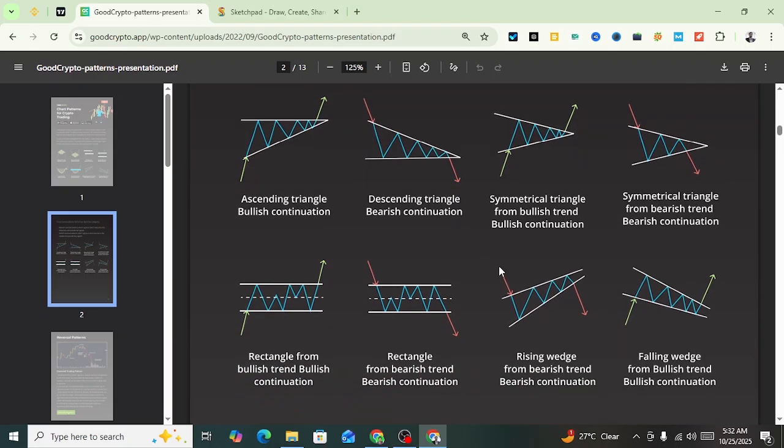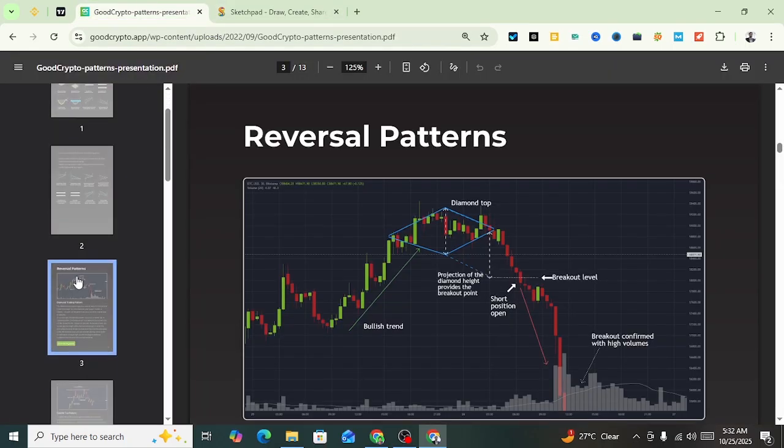You can screenshot these patterns, or print them out and keep them on your table when you are trading, and you can use this when you are a beginner. But after that, you will understand it on your own. So you can see the reverse pattern.